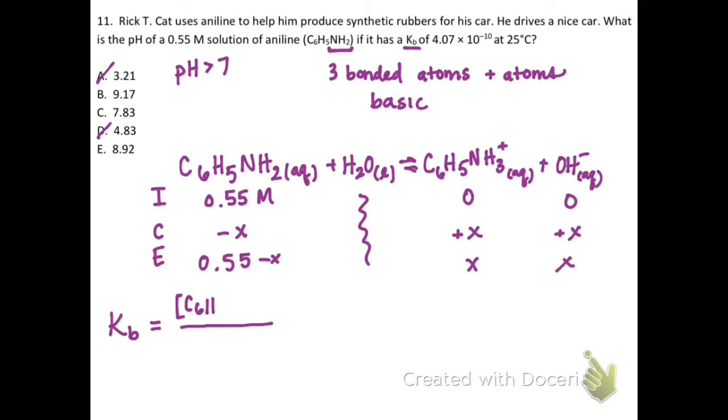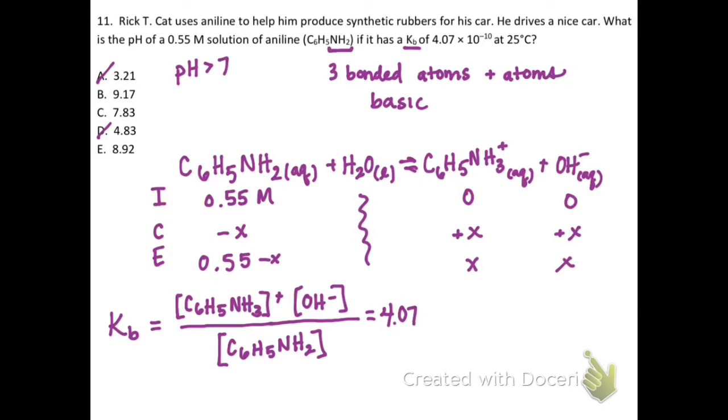We'll have C6H5NH3+ times hydroxide, all divided by the concentration of our original aniline. And this will be equal to that Kb value of 4.07 times 10 to the minus 10.